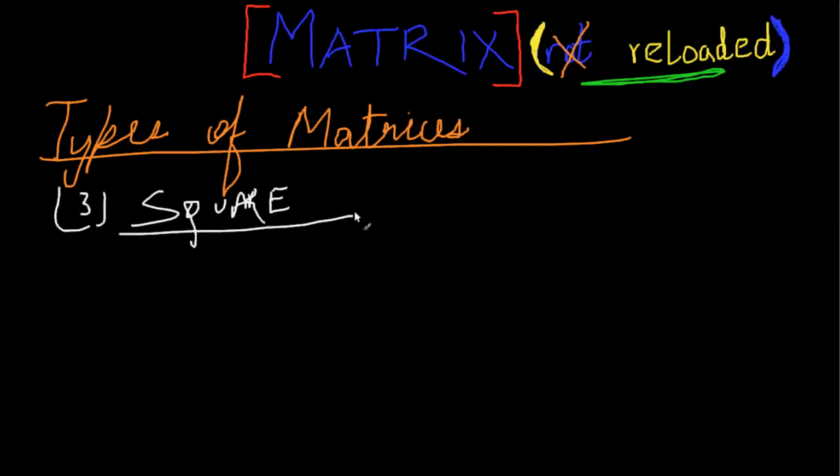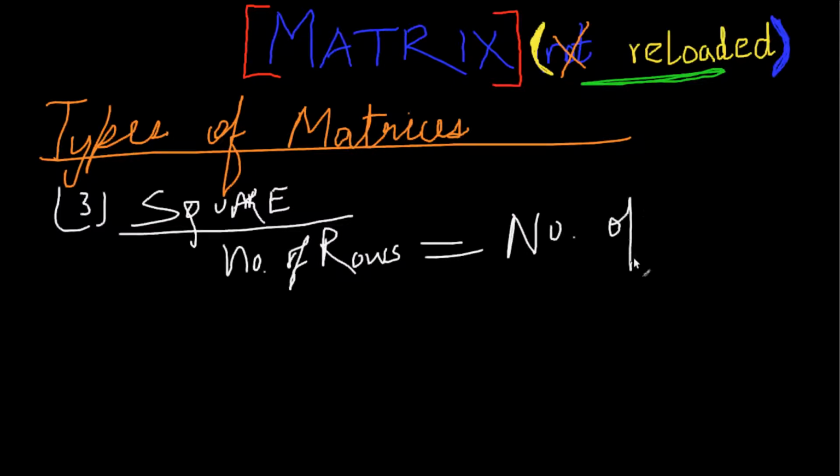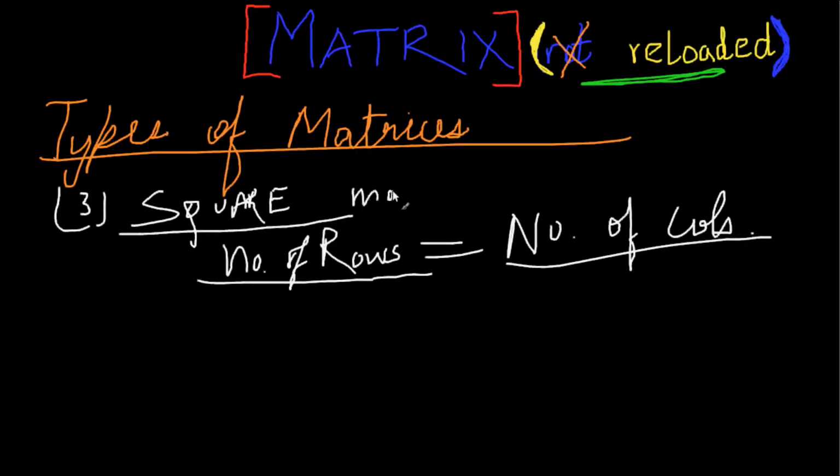So guys, if the number of rows equals the number of columns in a matrix, that particular matrix is known to be a square matrix.